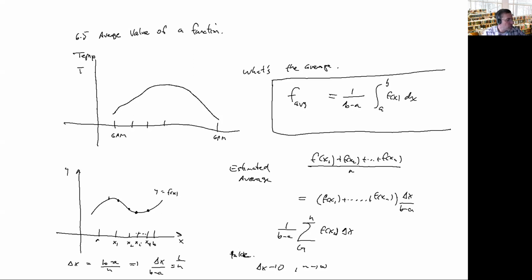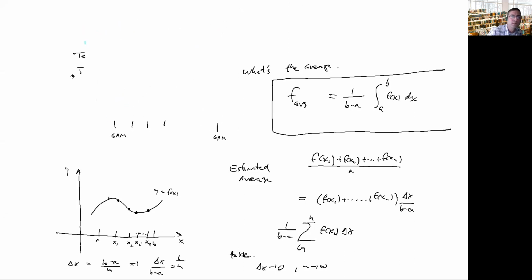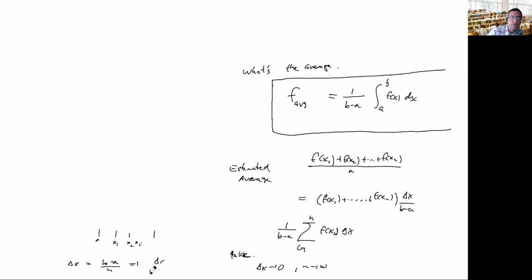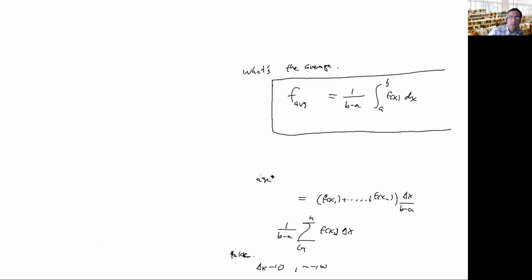And I'm going to just do two elementary examples of the average value of a function. So let me erase most of what's here. I'll just leave the formula in the box. Erasing by hand takes much longer than clearing the screen.